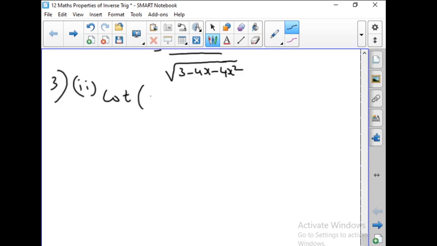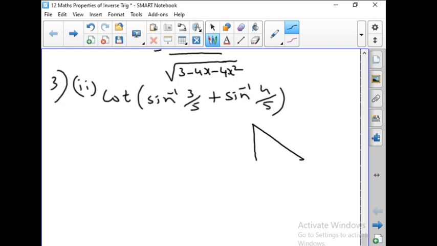Cot of sine inverse of 3 by 5 plus sine inverse of 4 by 5. Here we can consider the second term, sine inverse of 4 by 5. Put it in the triangle.